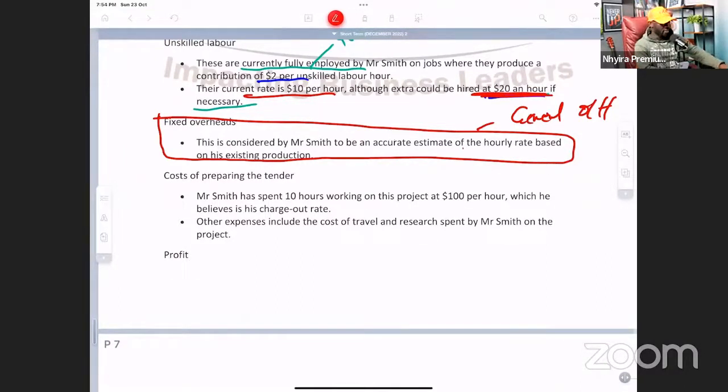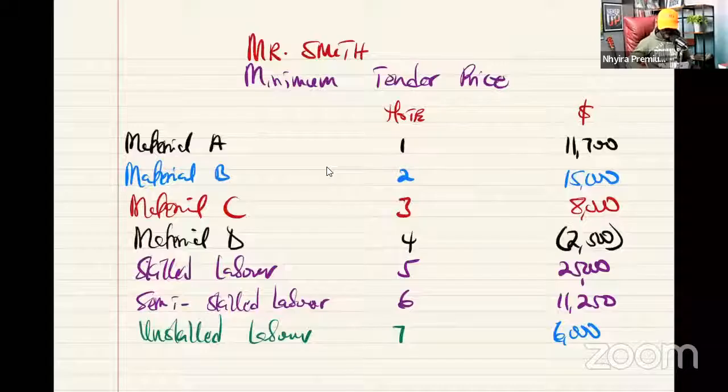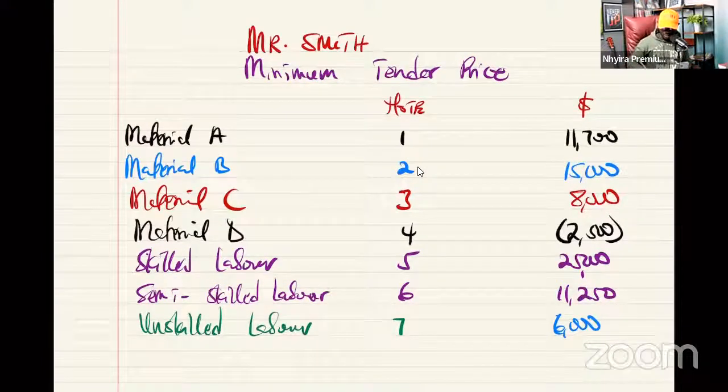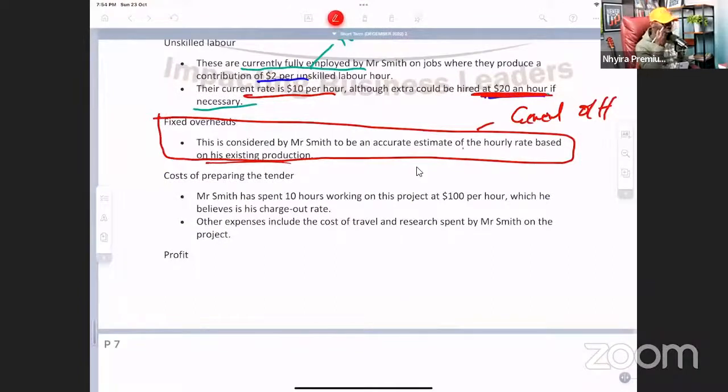If we were incurring them as a result of this particular project, then it would be good for us to include it. So the fixed overheads will not be relevant. We're not going to consider it in our workings because it's a general overhead, an estimate based on existing production. It's not a specific overhead.